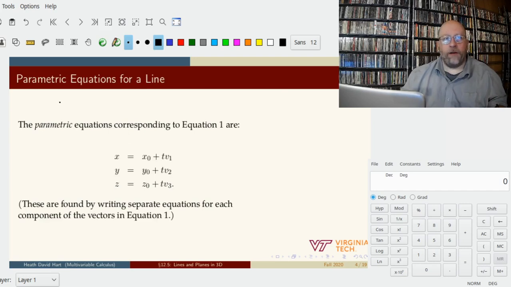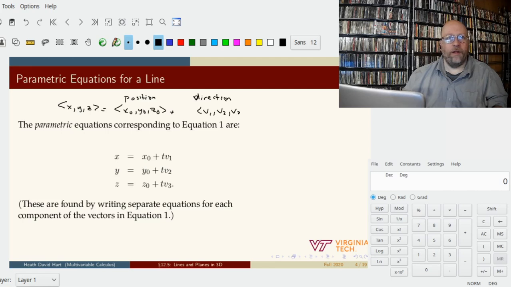So when we do that, we get the equation for the line: the vector x, y, z is equal to the position x naught, y naught, z naught, plus the direction vector v1, v2, v3, scaled by our scaling factor, t.